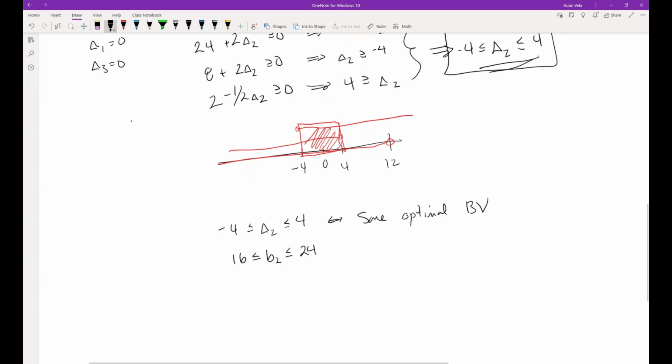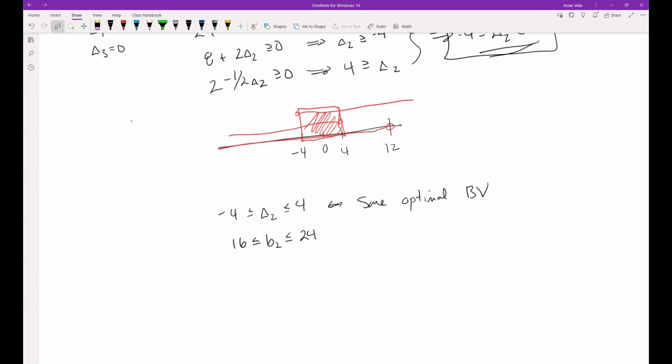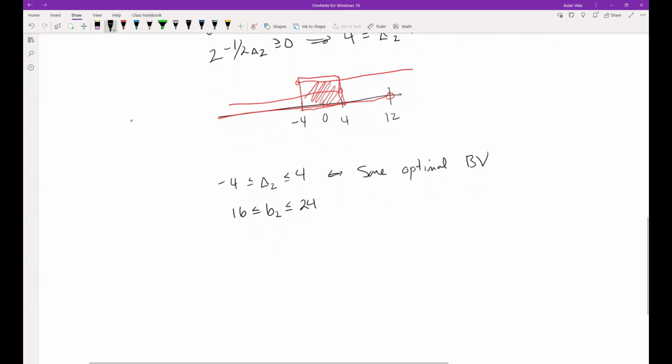Now, similarly, keep in mind that if you change the right-hand side of the equation, that changes the objective value.